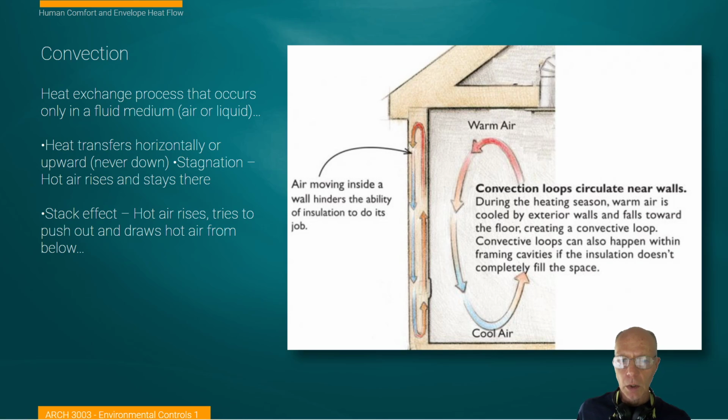In the case of a wall without any insulation in it, if the air can freely move up and down like that, it becomes a pathway to intensify the transfer of energy through it. So it can be a negative thing. And one of the purposes of insulation is to stop that convective loop, that movement of air.